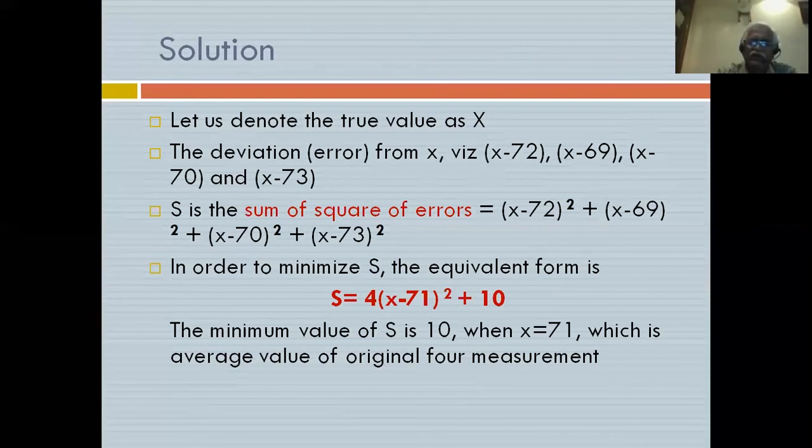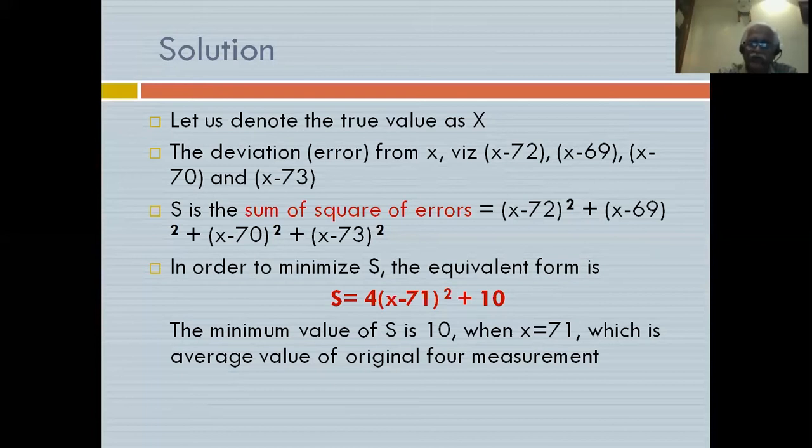Let us denote the true value as x. That means the deviation from x is the error. So x minus 72, x minus 69, x minus 70, x minus 73. And what is the sum of square of error? It is (x minus 72) square plus (x minus 69) square plus (x minus 70) square plus (x minus 73) square.